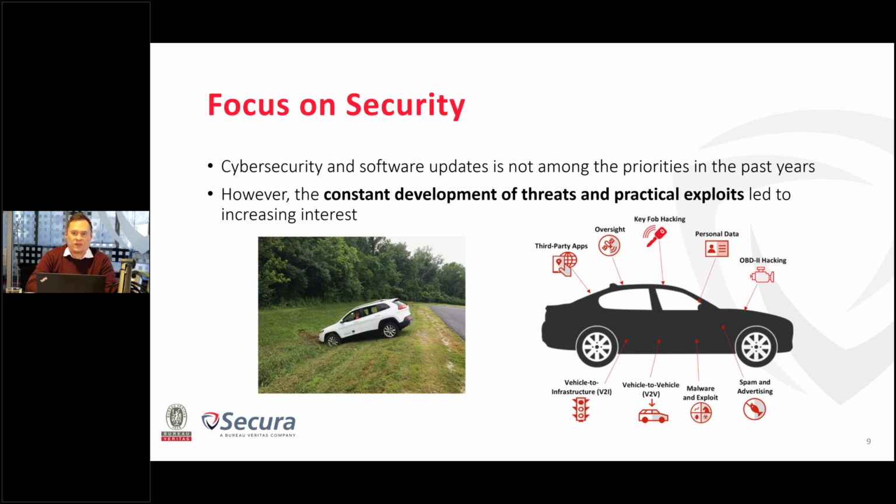Quite an important turning point happened around the middle of the 2010 decade, when it became quite clear that potential security vulnerabilities applicable to vehicles are not only theoretical anymore. They're not just the subject of scientific papers or controlled demonstrations, but they can really apply in real life.